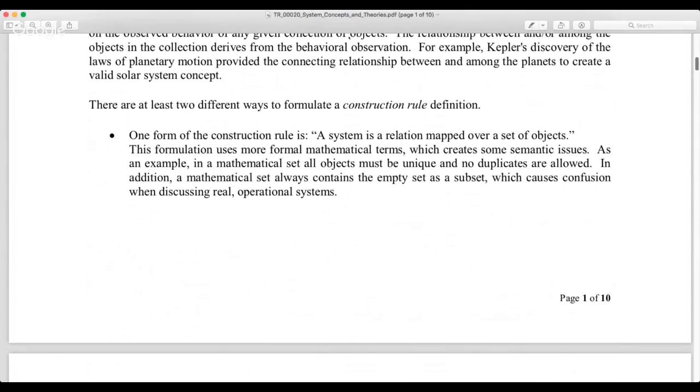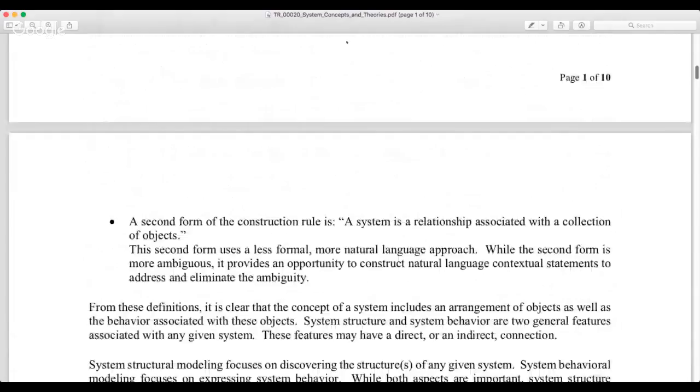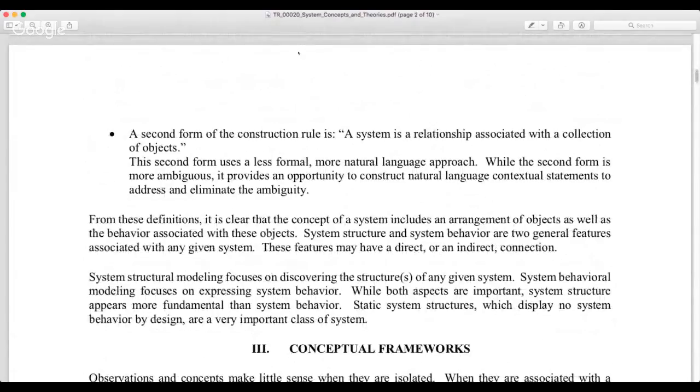So we've created another similar form of the construction rule, which is that a system is a relationship associated with a collection of objects. In this case, we've gone from the term relation map to relationship associated with. We've always used relation to mean a mathematical relation, and relationship to mean a natural language type of relationship. Associated with gives a little more flexibility than the more formal term mapped.